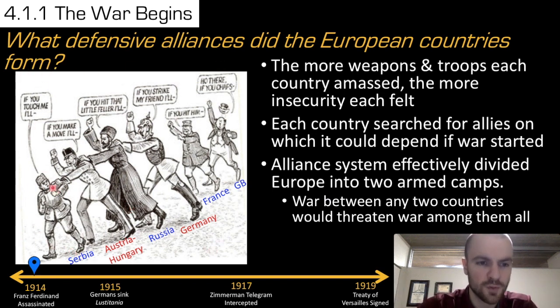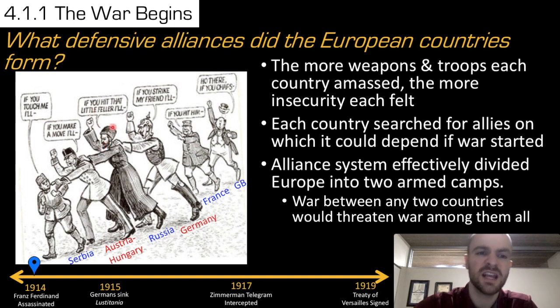Here you have little Serbia being attacked by Austria-Hungary. But Serbia is in an alliance with Russia, and you can see I've made them the same color. So Russia comes to the rescue of little Serbia.